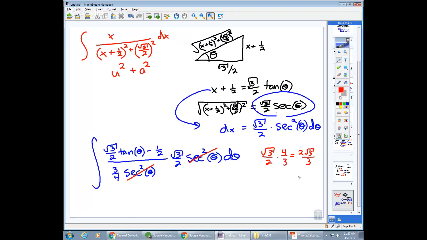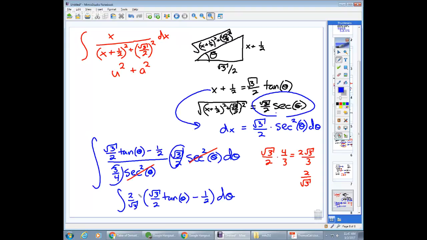Oh, which interestingly is 2 over the square root of 3, which helps here, but not there really. So I think what we have now is the integral of 2 over the square root of 3, that's these constants cleaned up, times square root of 3 over 2 tangent of theta minus 1/2 d theta.